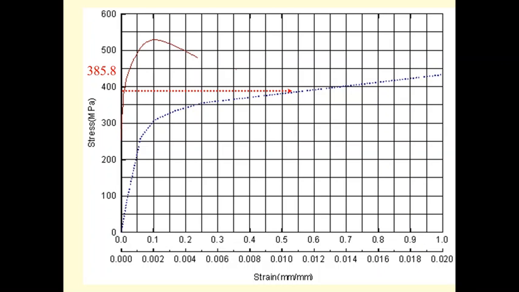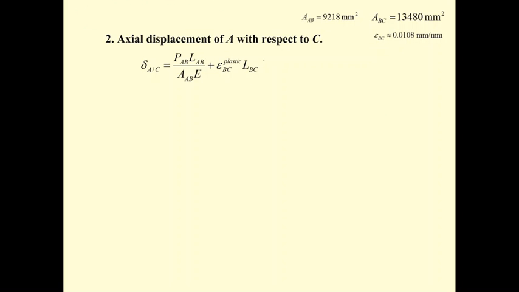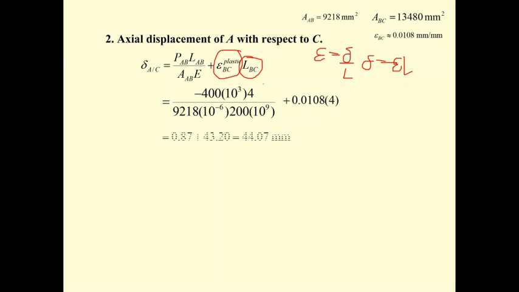We put over here 385.8, and it has a strain of approximately 0.0108. Then we use the plastic strain to determine the deformation, since strain equals deformation divided by L. So the deformation is going to be strain times L.